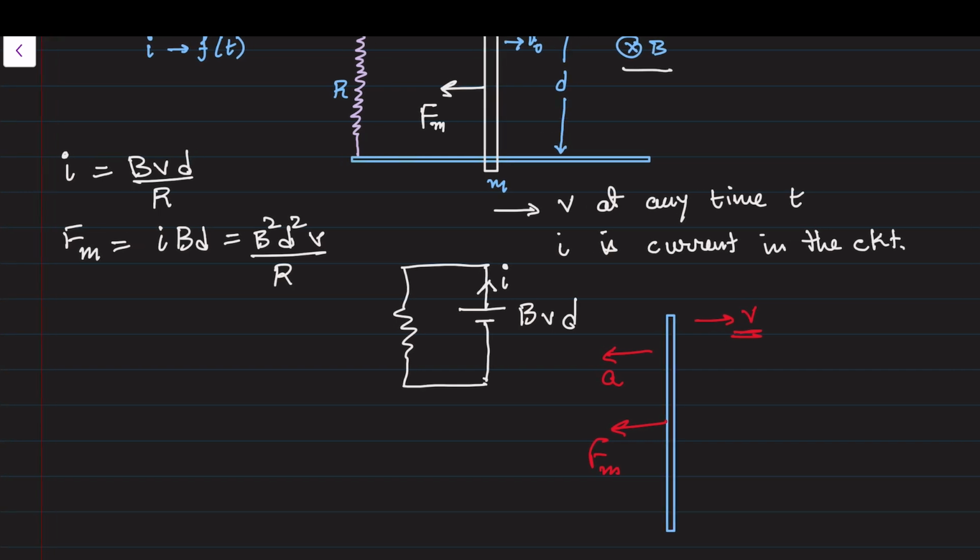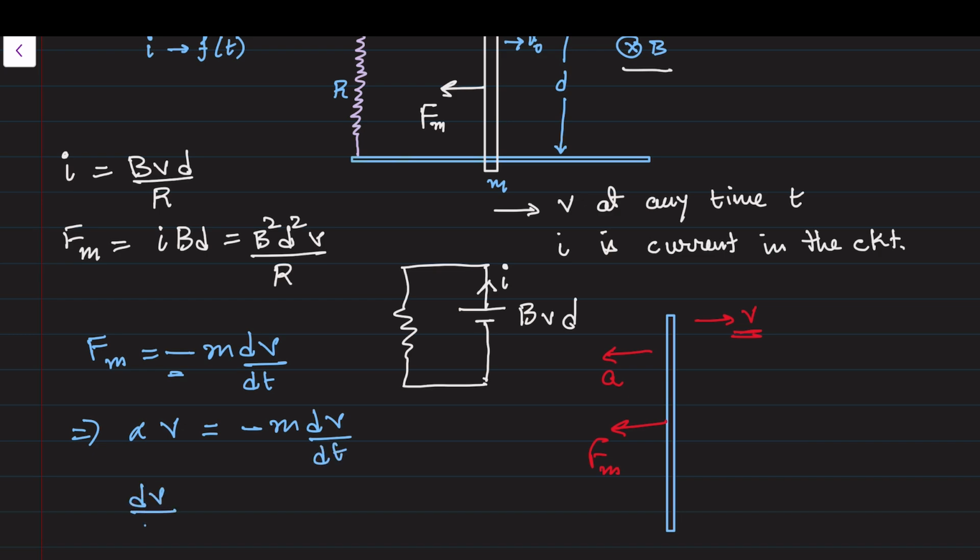So if we write the equation, we have to write Fm is equal to minus m dv by dt. This minus sign is kept because dv by dt is negative. So for Fm, I am writing B square D square by R as some constant alpha, so alpha v is equal to minus m dv by dt.